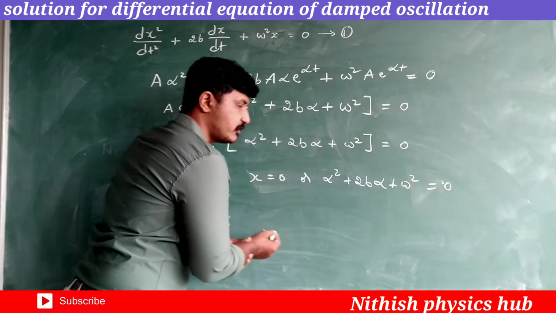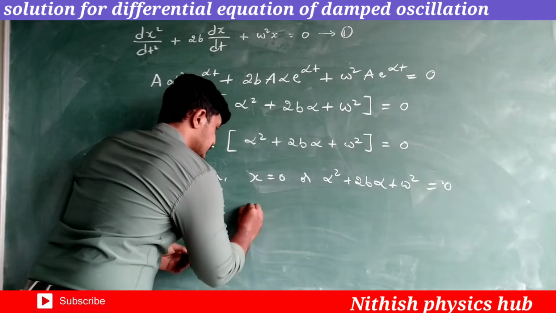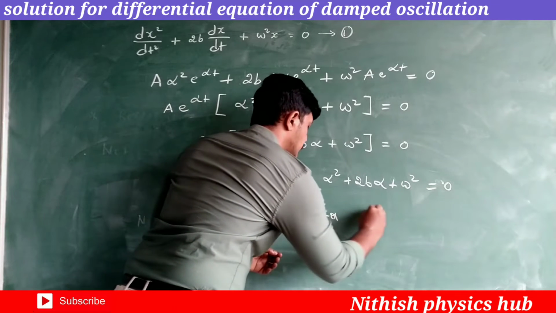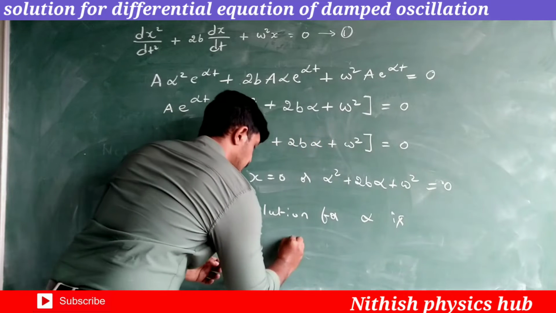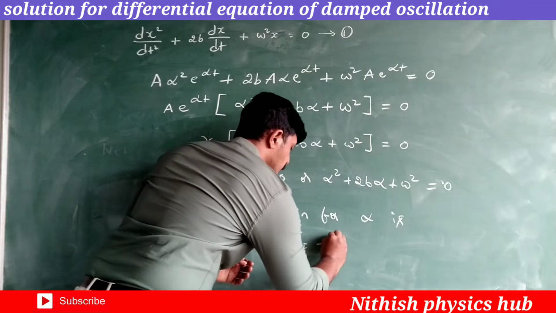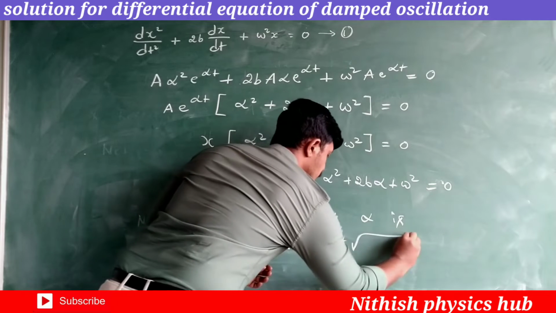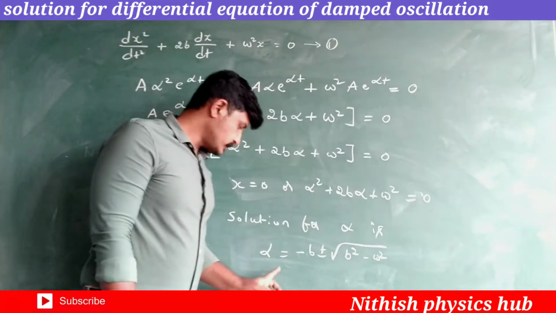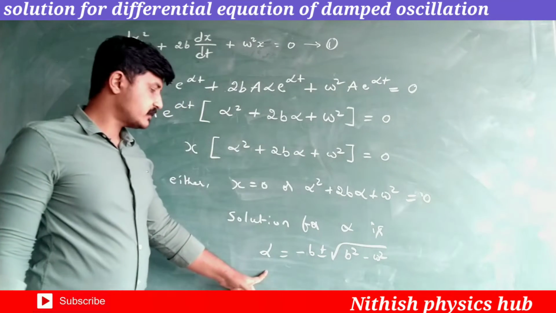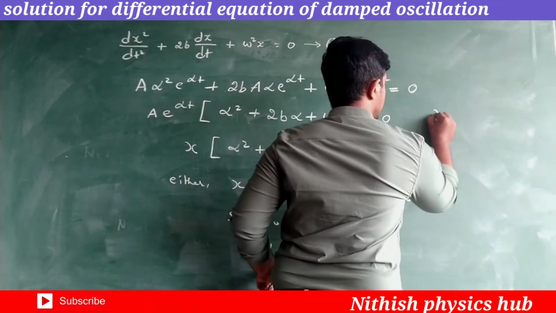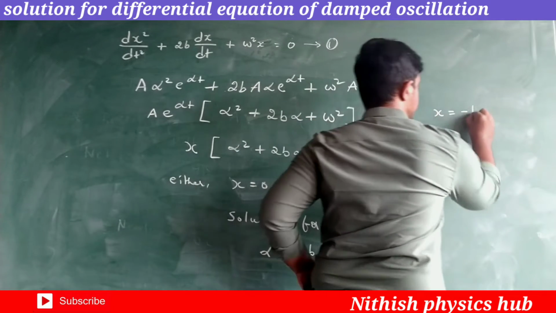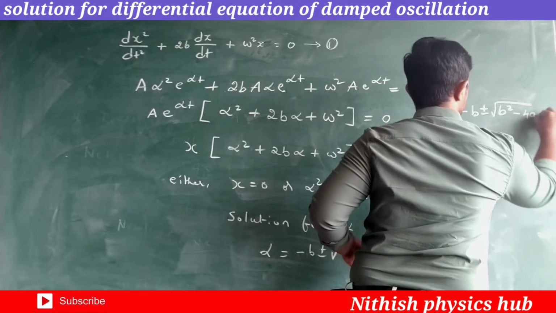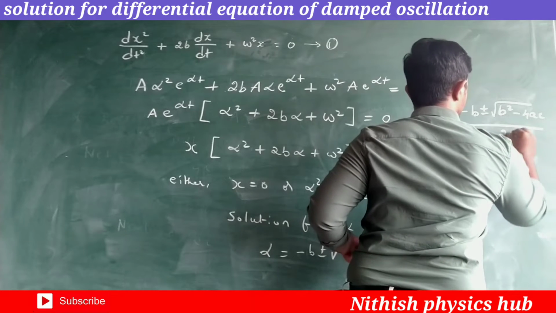By the quadratic formula, the solution for alpha is equal to minus b plus or minus root of b square minus omega square. The quadratic formula that we have used is x is equal to minus b plus or minus root of b square minus 4ac divided by 2a.